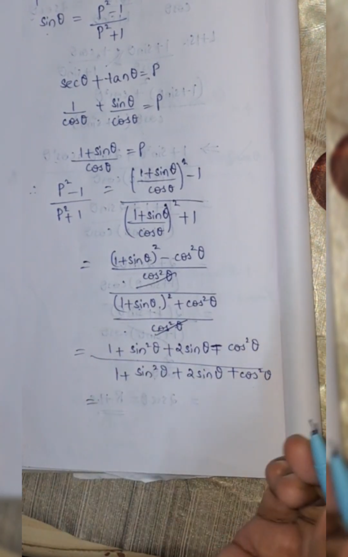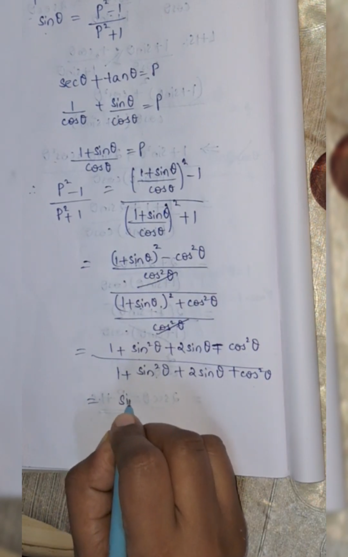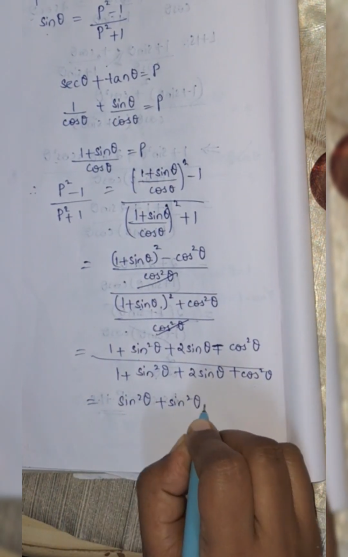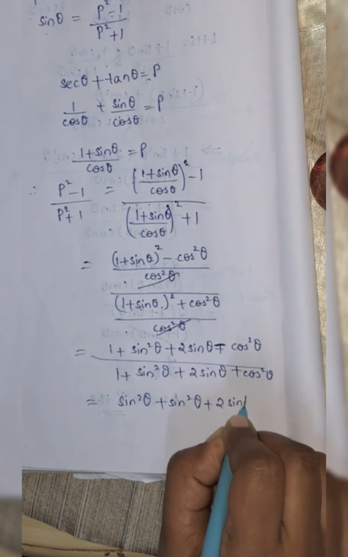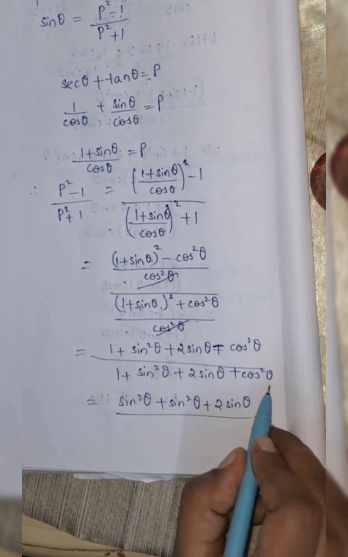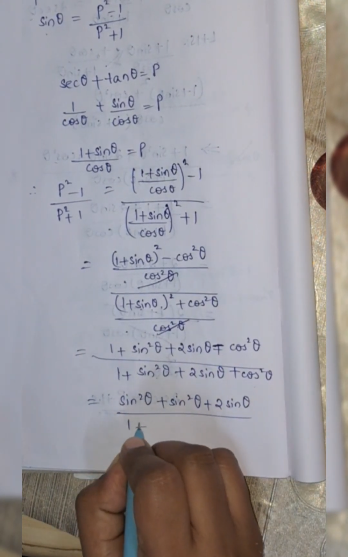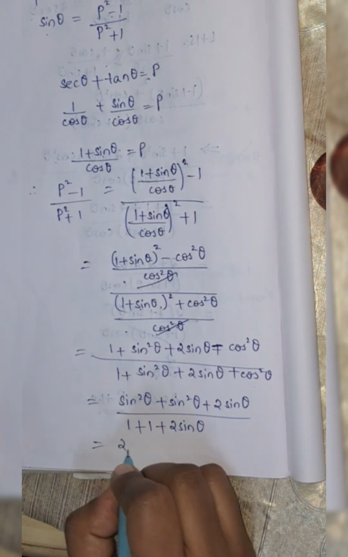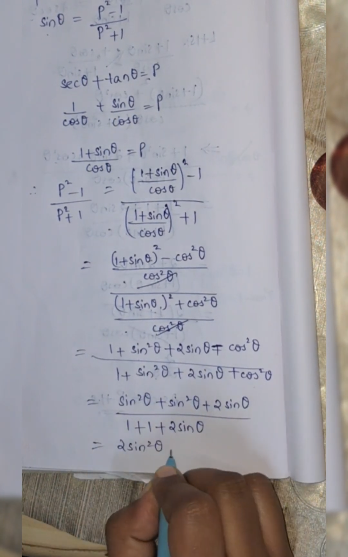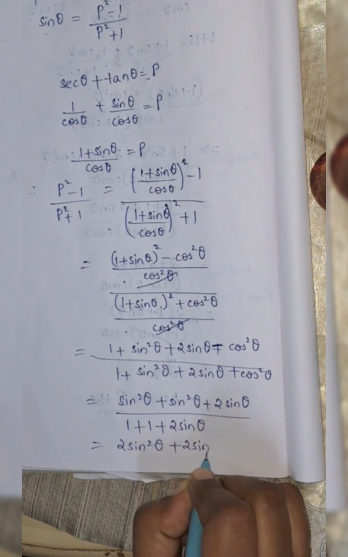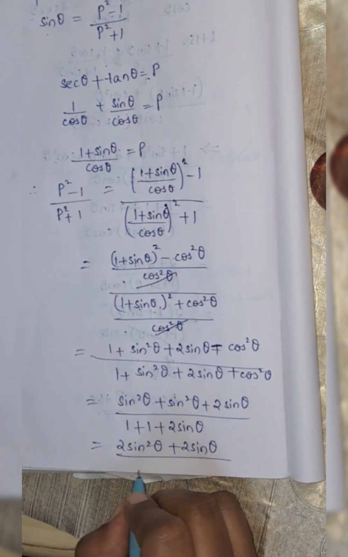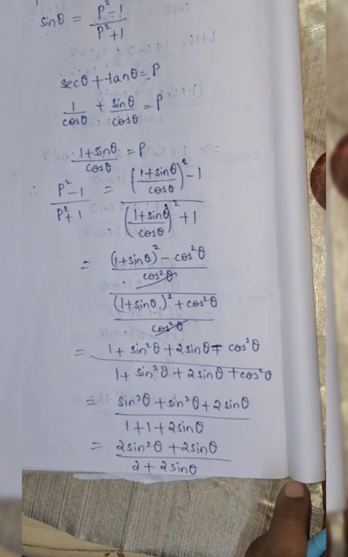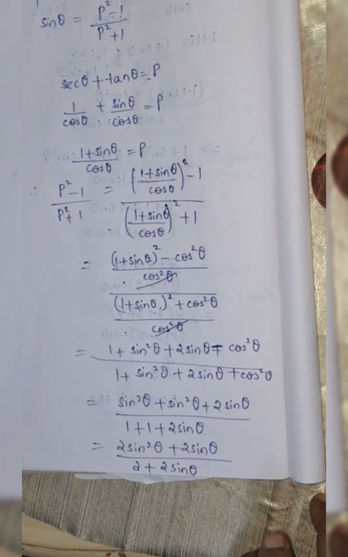So in the numerator, sin square theta minus cos square theta cannot be 1, but this can be 1, so we can write it like this: 1 minus cos square theta is sin square theta. So sin square theta plus sin square theta plus 2 sin theta, over sin square theta plus cos square theta, which is 1, so 1 plus 1 plus 2 sin theta. So this will be 2 sin square theta plus 2 sin theta, by 2 plus 2 sin theta. So we can take 2 common.